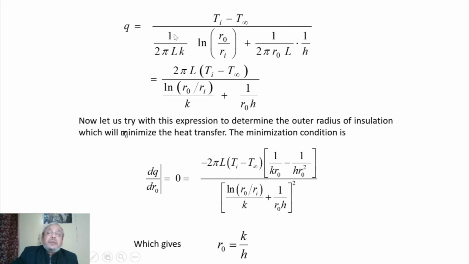So if we rearrange the terms, multiplying the numerator and the denominator by twice pi L, we get twice pi L (Ti minus T infinity) divided by ln R0 by R1 over k plus 1 by R0 h.